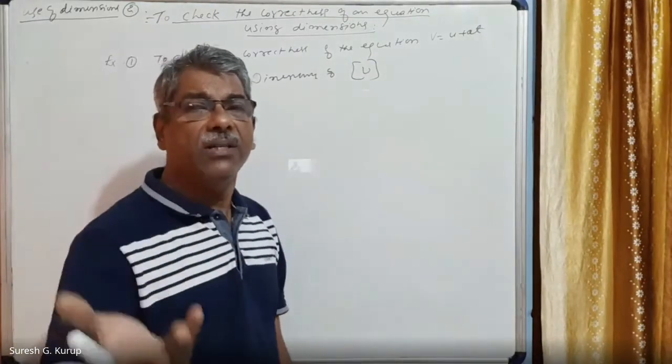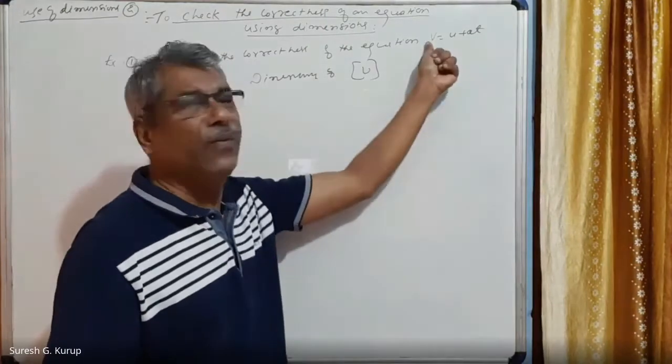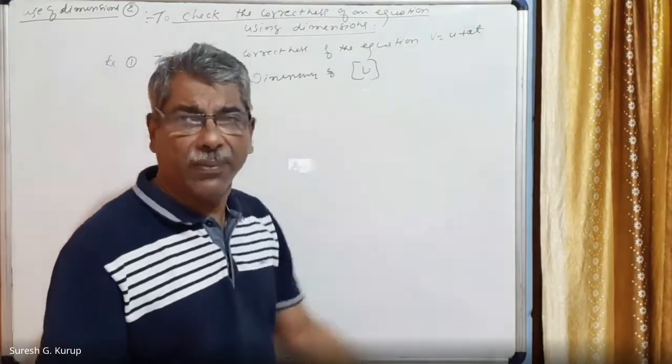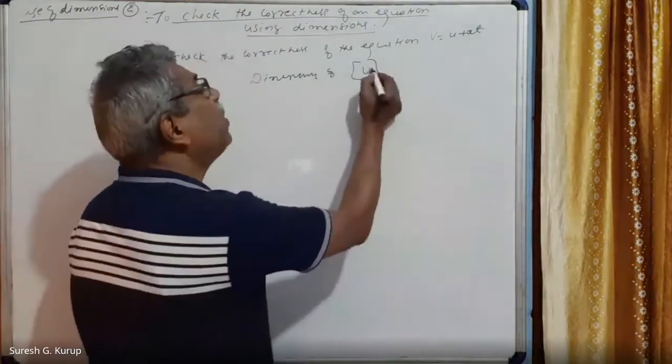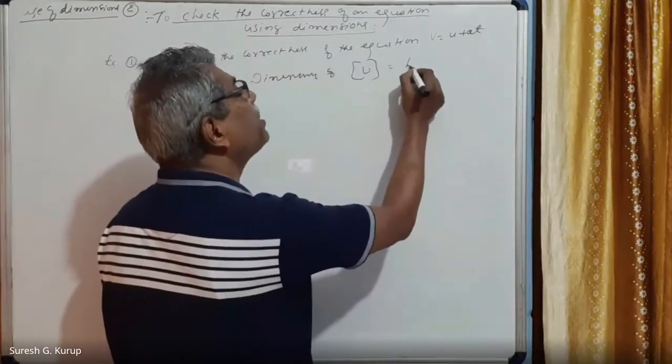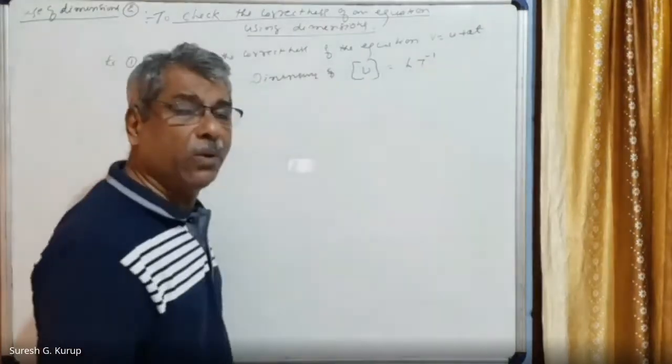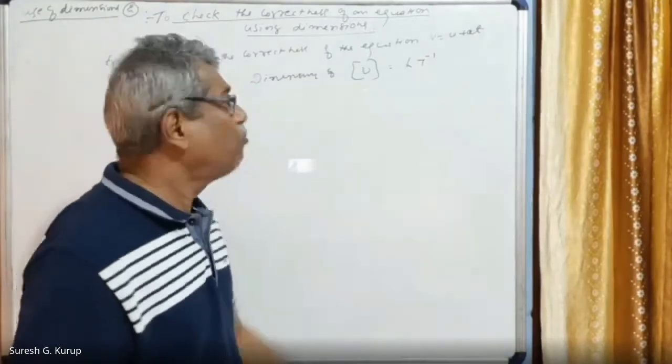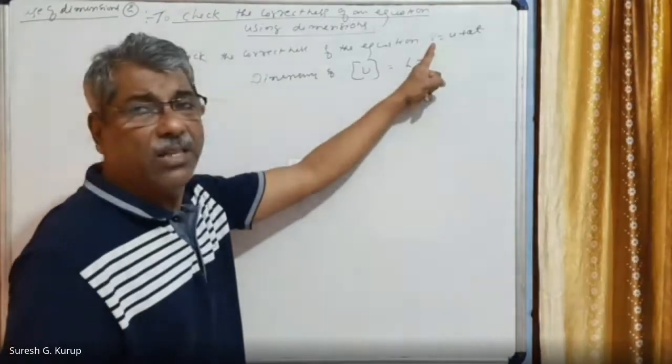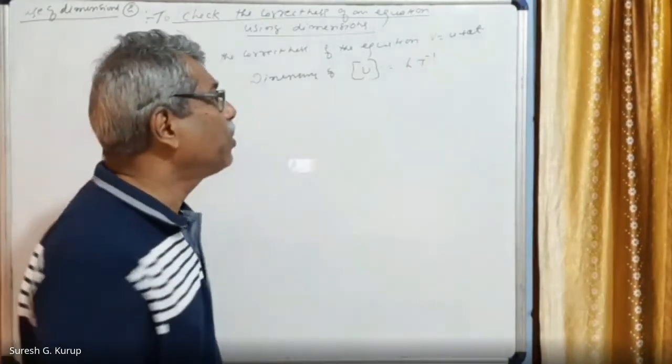Then after t seconds, the final velocity is given by the relation v = u + at. V is velocity only. The dimension is LT^-1. Everybody knows that. First, that means LHS, you got the dimension as LT^-1. Put it in square brackets.